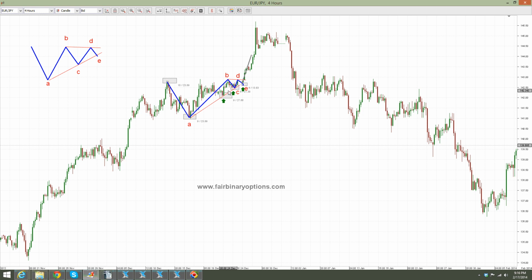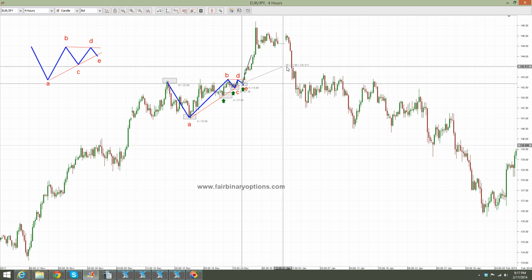Now if this ascending triangle is on the 4-hour chart like it is here, or it might be on the 1-hour chart, or it might be on the 5-minute chart, or on the daily chart, you can choose the expiration date. As you can see here, buying here call options, or buying here call options, or buying here call options will be, let's say, on the safer side by choosing as long as possible an expiration date.